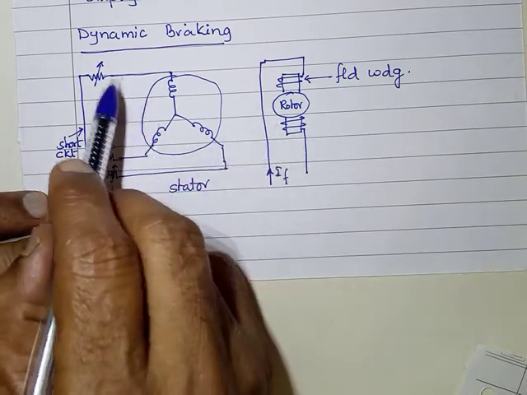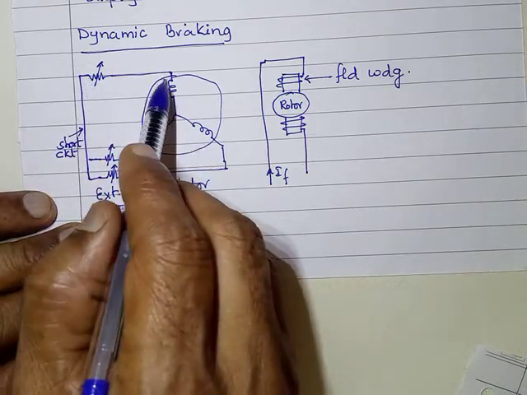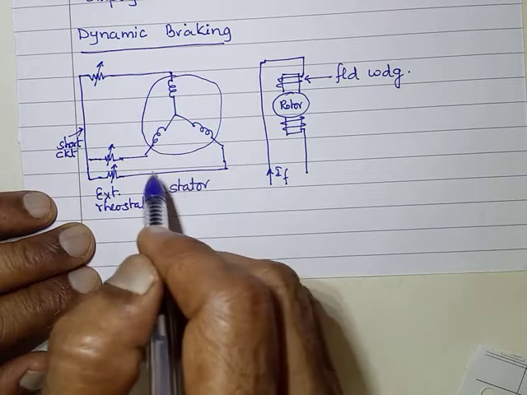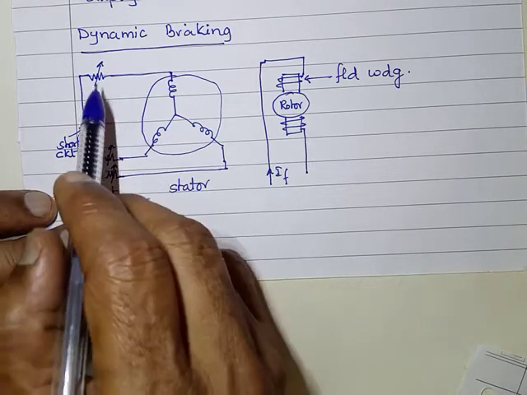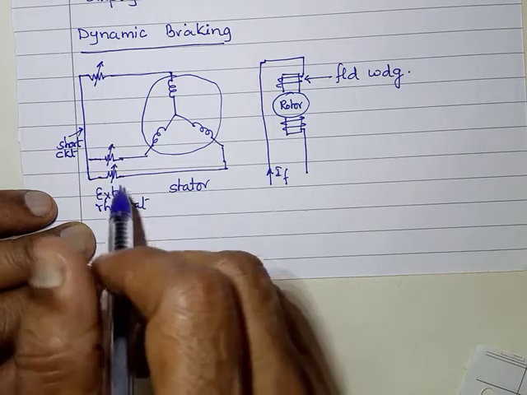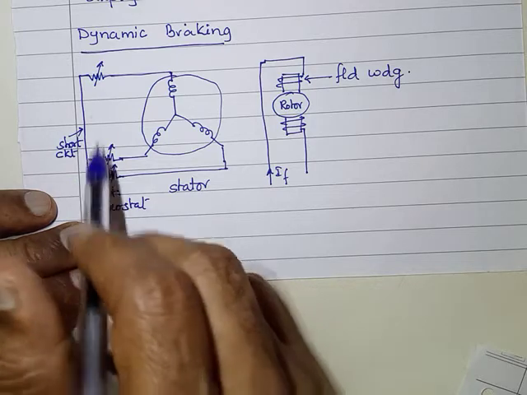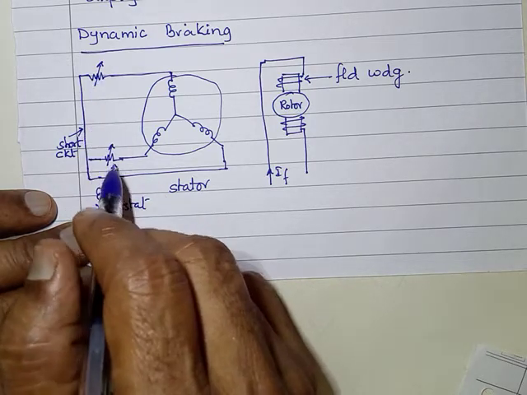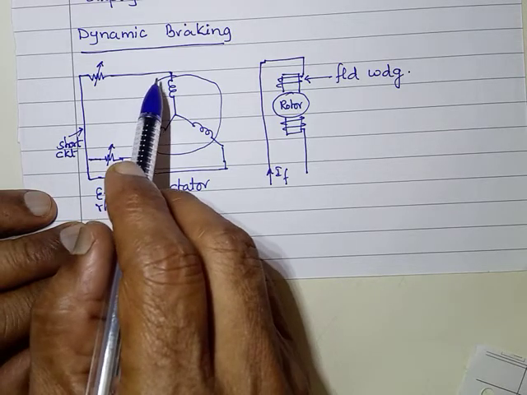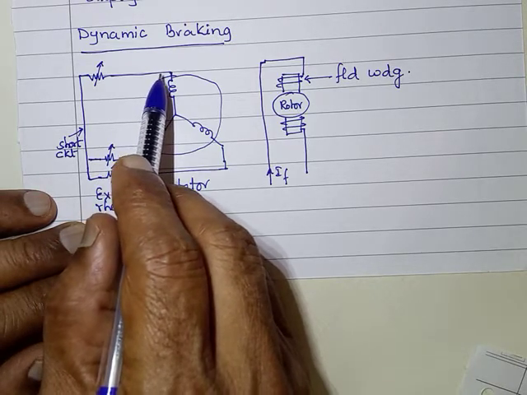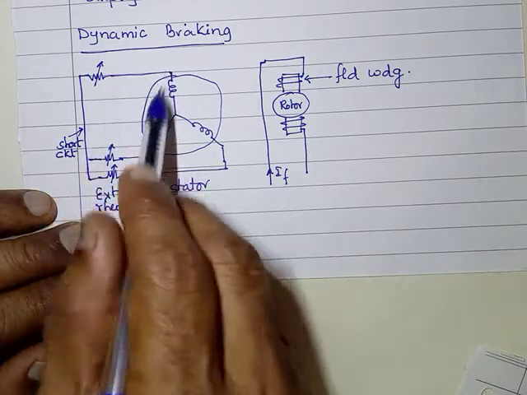braking, if we do not have any opposition except the windings, the current in the stator might be too high. We may have to control the magnitude of that. These rheostats will also help in controlling the current in the stator windings during braking.